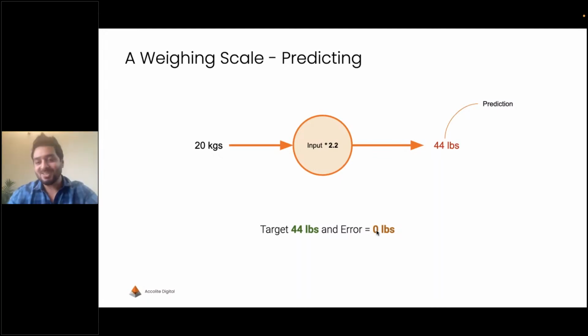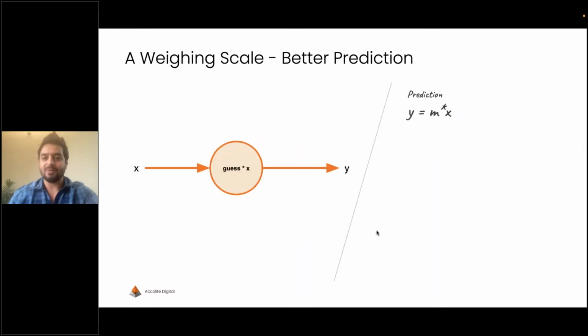Now there are going to be some equations coming in, but I'm sure you will follow it through. Not too deep, and I'll really help you out here. Don't worry. So when we were making the prediction, we were taking the value of x and multiplying it by the guess, and we were getting y.